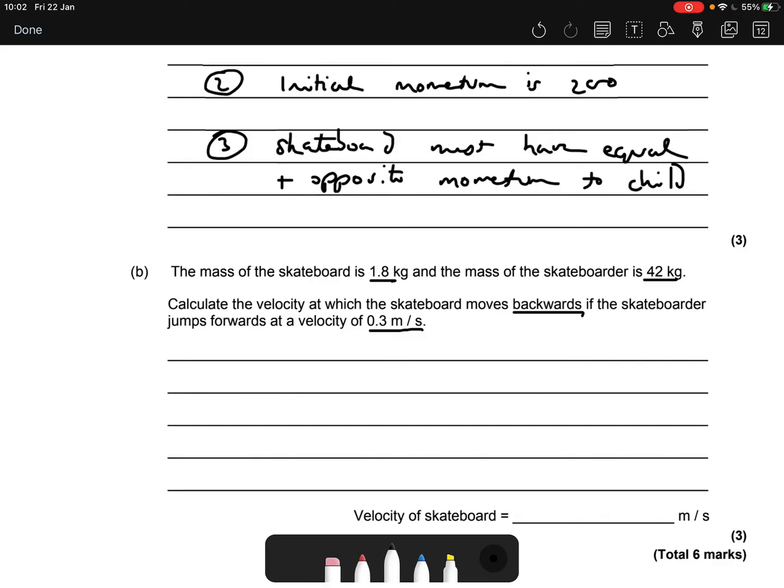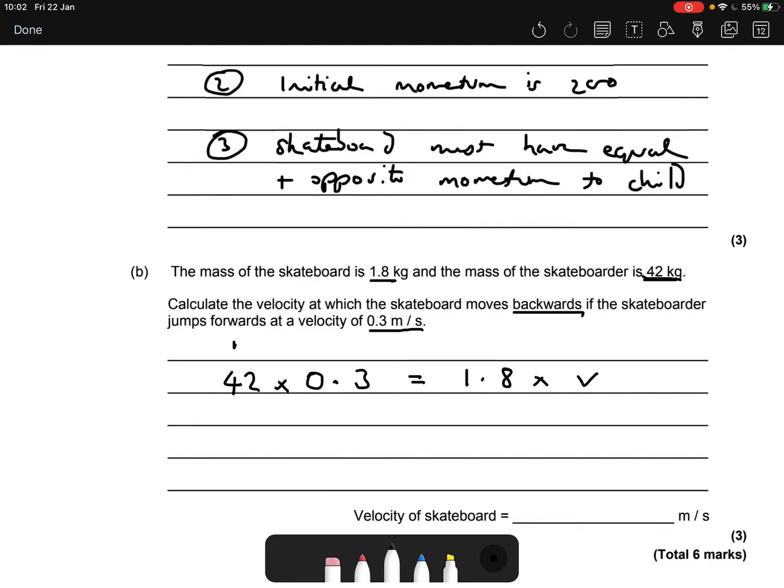But what we end up with is our skateboarder is going to get a momentum of 42 times 0.3, which is going to be equal to 1.8 times the velocity of the skateboard.